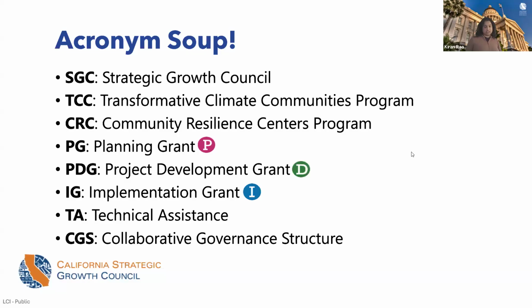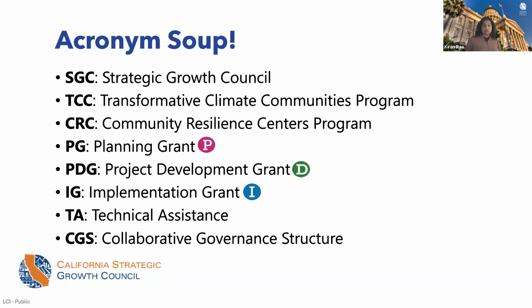Before we start with the presentation, we would like to introduce you to acronyms you will hear frequently throughout the presentation. We have SGC, which is Strategic Growth Council, TCC, which is Transformative Climate Communities Program, CRC, which is the Community Resilience Centers Program, PG for Planning Grant, PDG for Project Development Grant, IG for Implementation Grant, TA for Technical Assistance, and CGS for Collaborative Governance Structure.